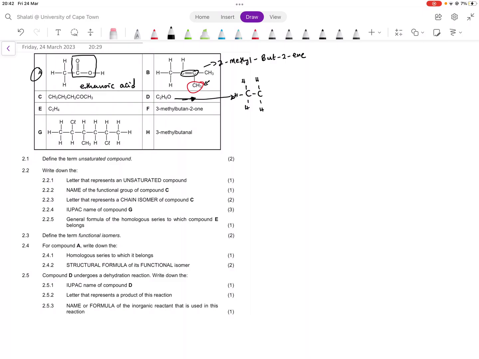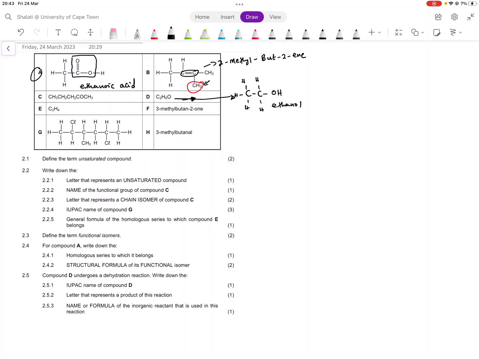So that is where you realize that this will be an alcohol because of that oxygen. You are not gonna put only the hydrogen here because there's also oxygen, so that gives you a clue that this is an alcohol. So this one will be ethanol.